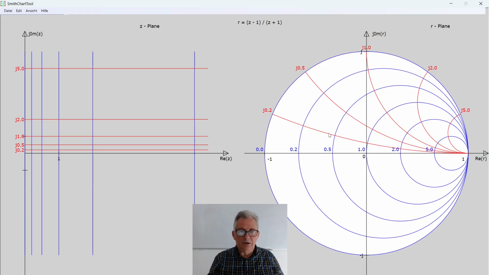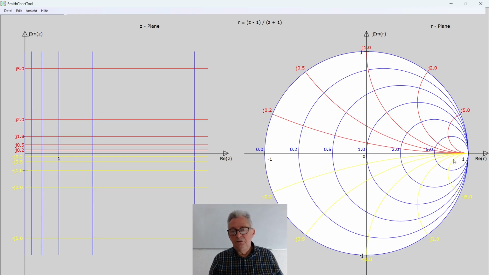And in the next step we will now map also the capacitive parts. As soon as I consider an impedance with a negative imaginary part, then we have the capacitive values, and these capacitive values are all mapped in the lower part of our Smith chart.